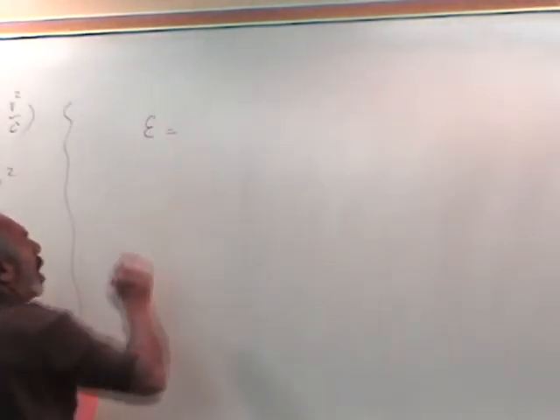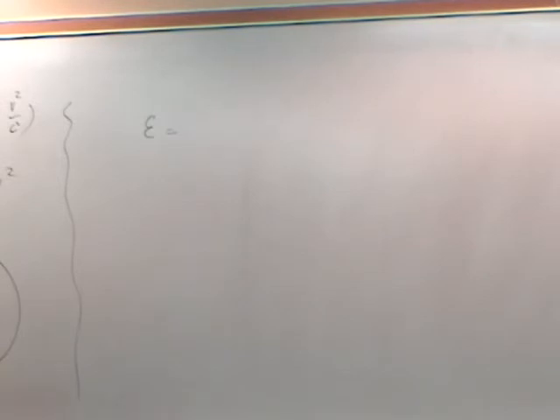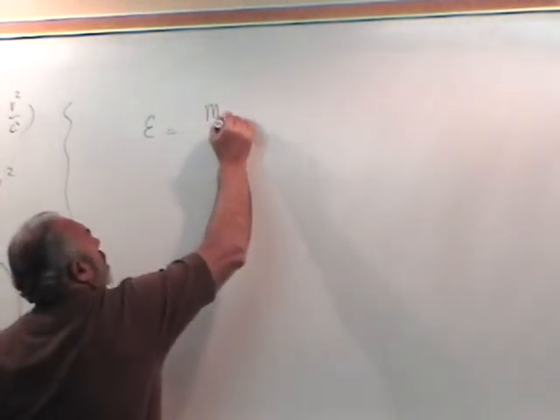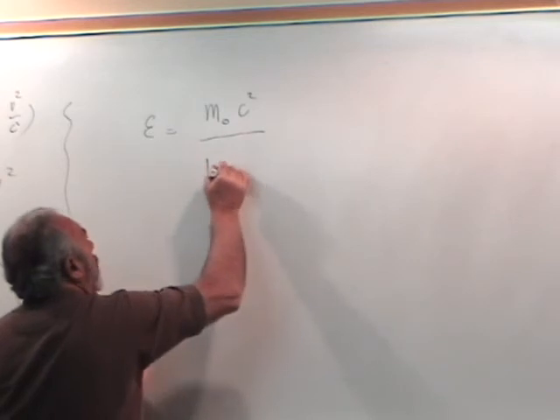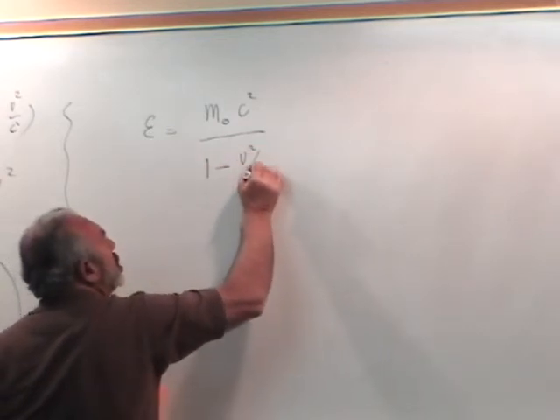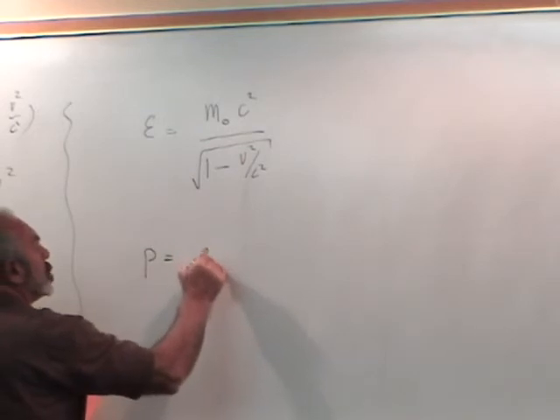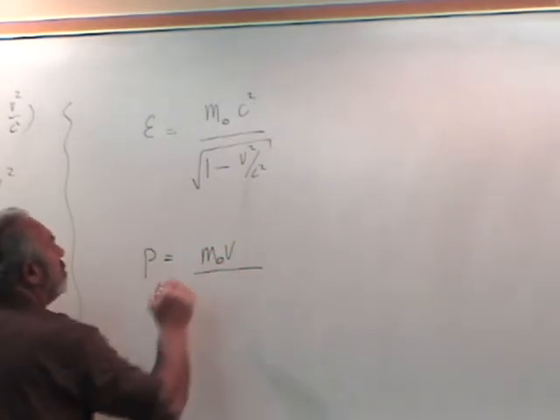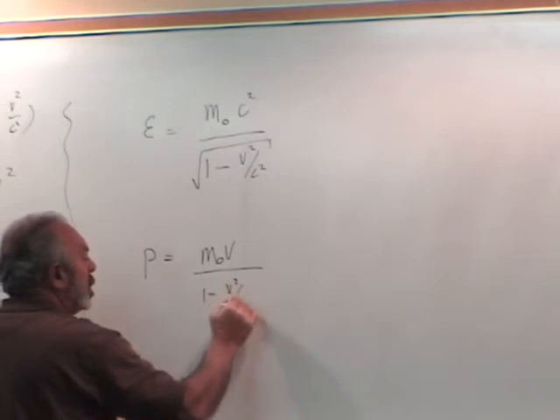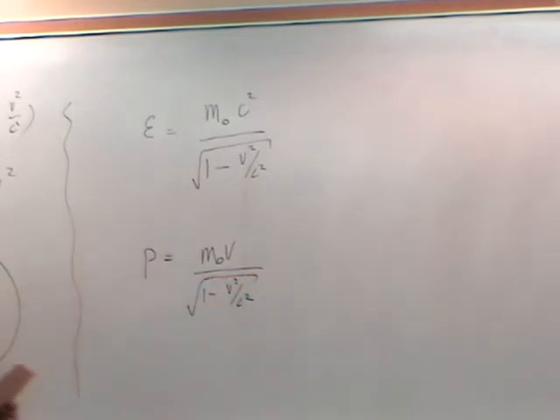Let's start by describing the energy of a massless particle. The energy of a particle, of course, is mc squared, which is M naught c squared over the square root of 1 minus v squared over c squared. And the momentum of a particle, P, is of course mv, M naught v over the square root of 1 minus v squared over c squared. Okay, there's the energy and the momentum of a particle.